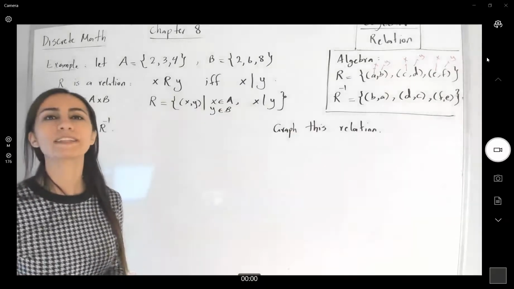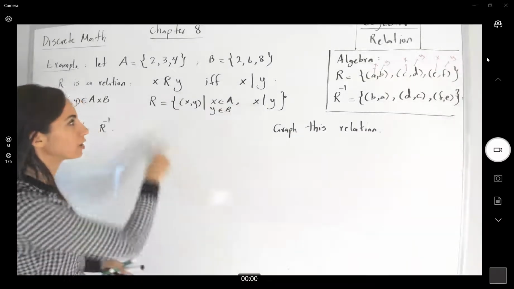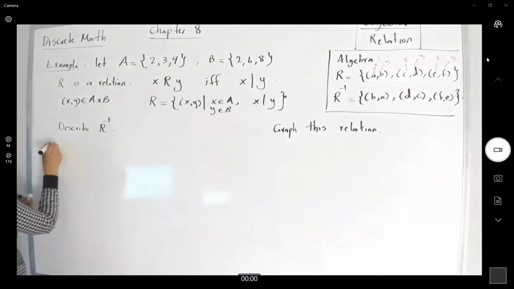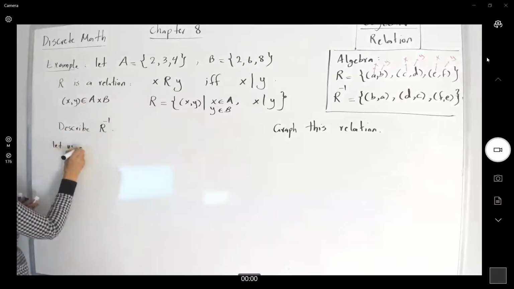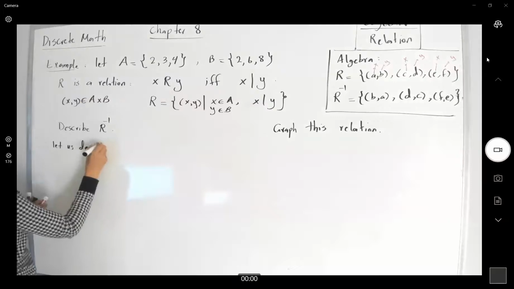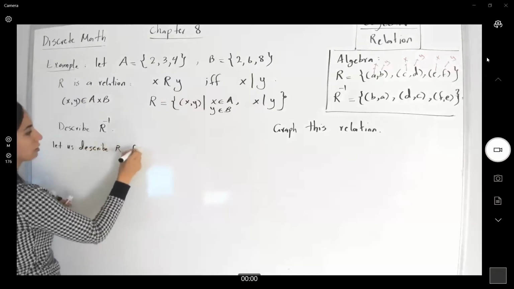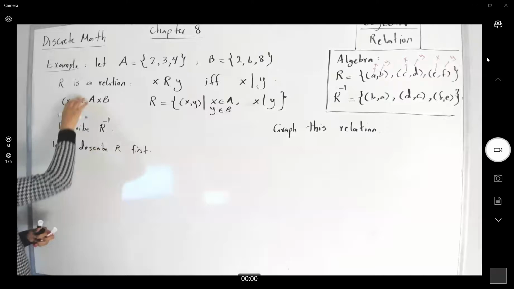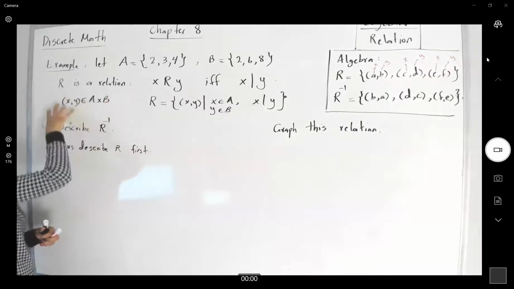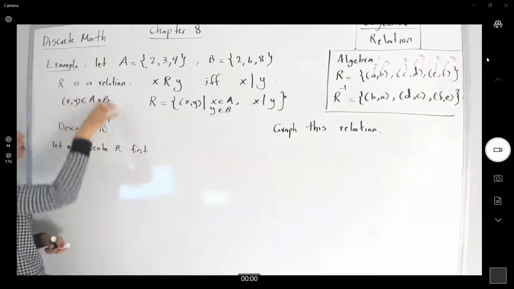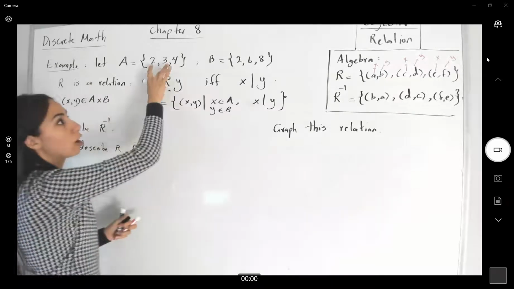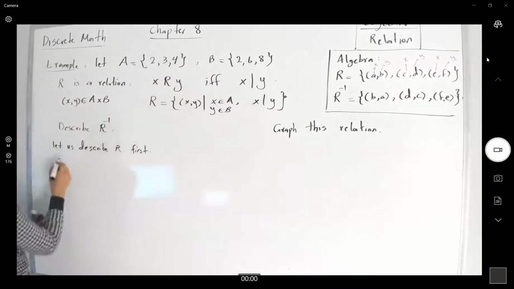Okay, so first you need to know what is R. What are the elements in R? Okay, let us describe R first. We know that we have to have all the elements in the Cartesian product between A and B. So you get 9 ordered pairs.